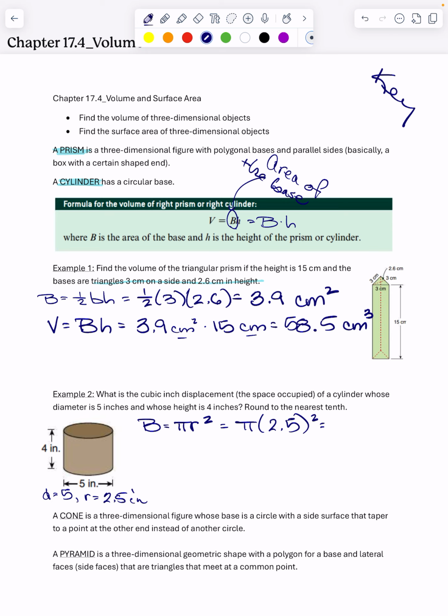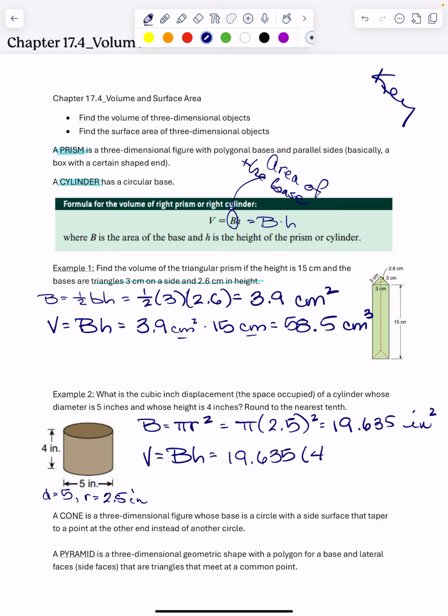Calculate that. You can always hit pause and come back. We get 19.6349635 square inches. The volume is going to be the area of the base times the height. So I've got my 19.635.